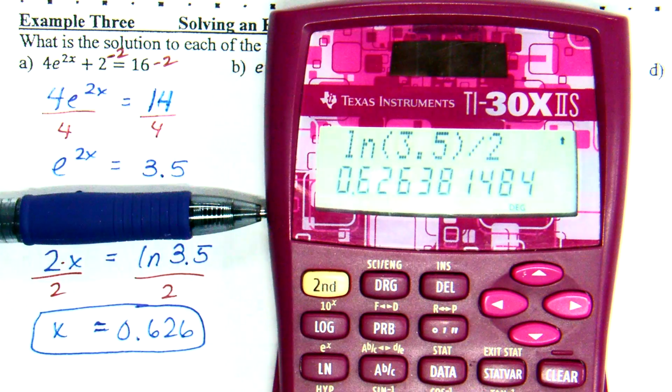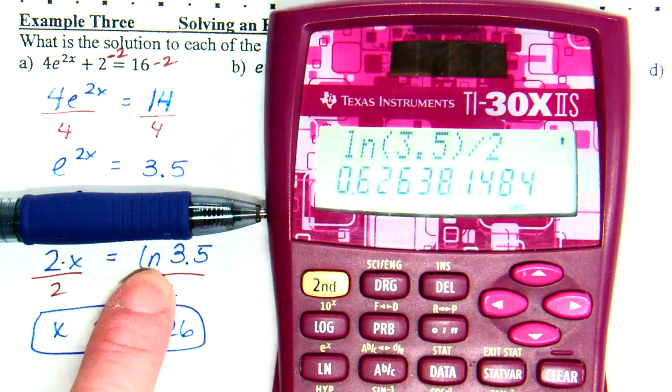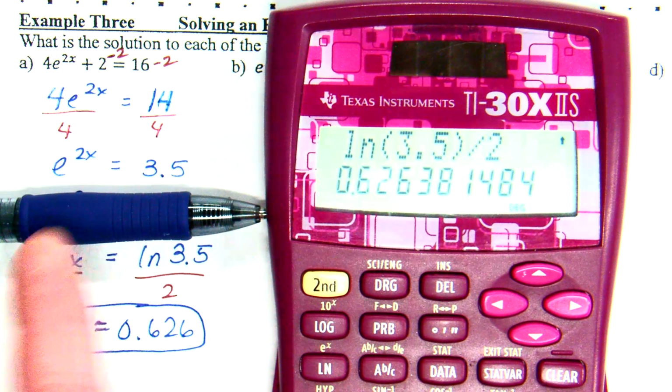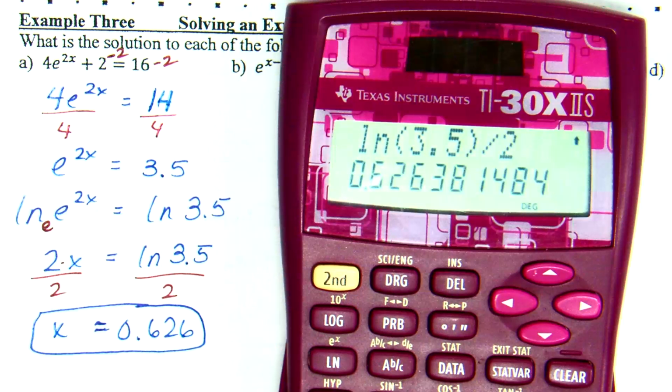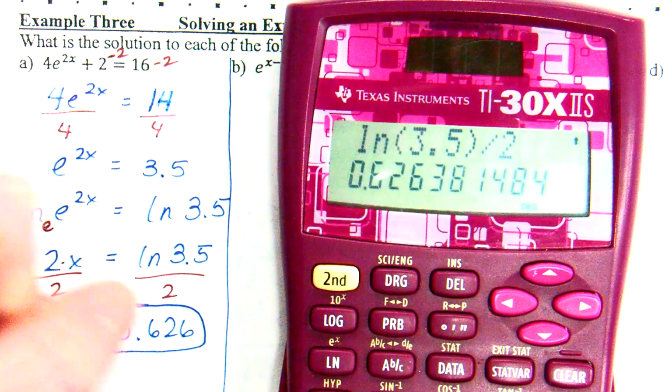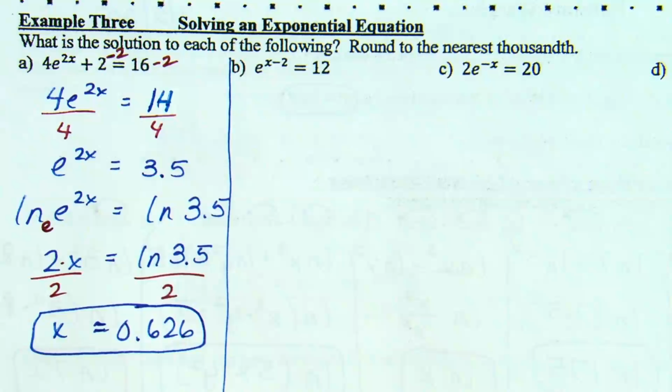Because you would have had e to 2x equals 3.5, and you would have had to say natural log, or log base e, of 3.5 equals 2x. And so it is doable to reverse your left, right, middle, but it just depends. I prefer to teach take the log of both sides. Okay. Questions on that one?